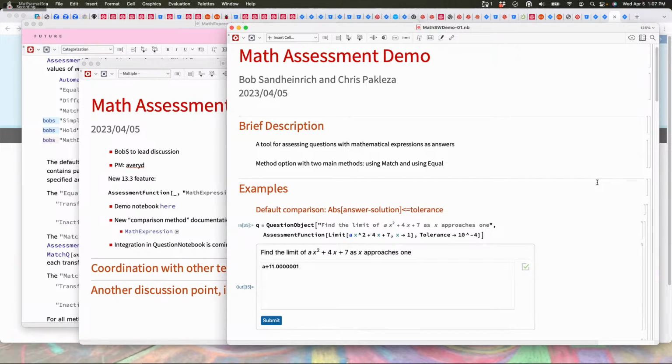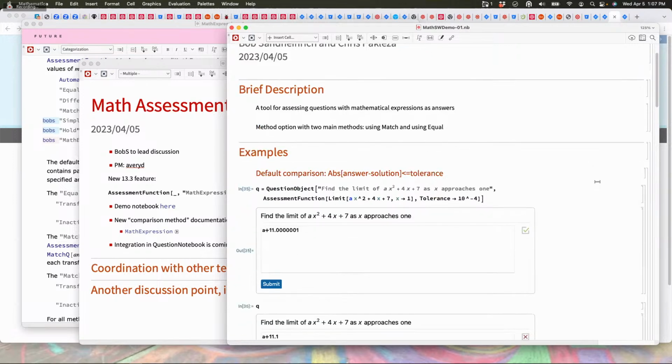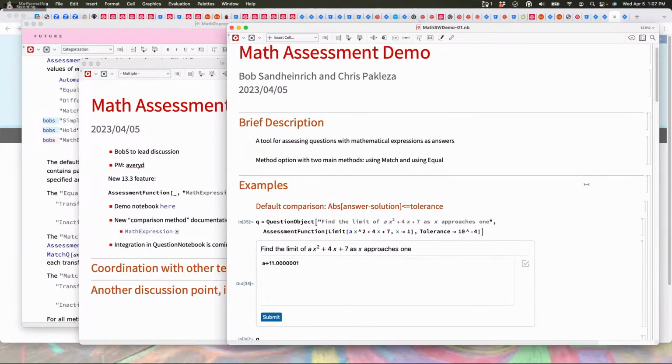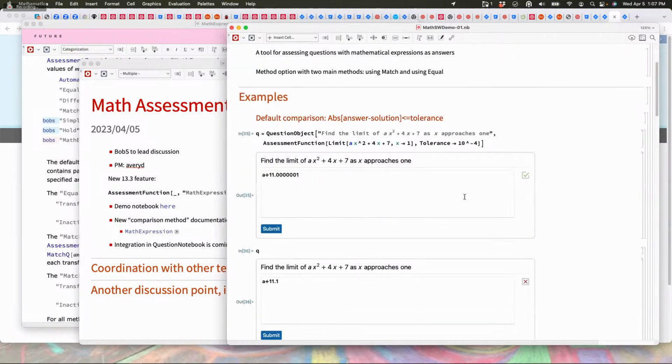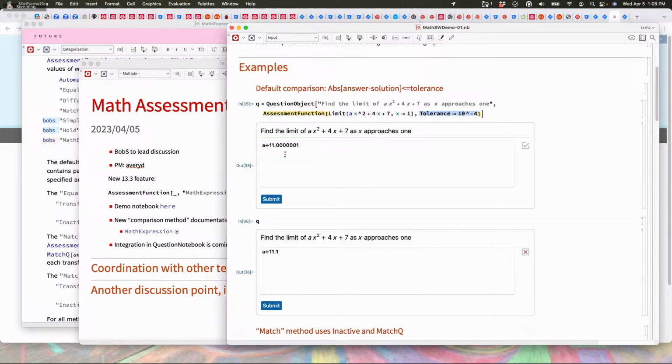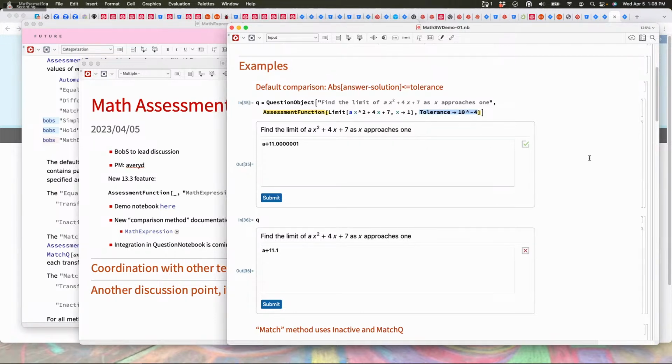Right. So I have this demo notebook that's working at a very high level, and then we can get into the weeds as we move on. You can do some question object and put the answer in here, and we support things like tolerance, where the total difference between the answer has some acceptable tolerance on it.